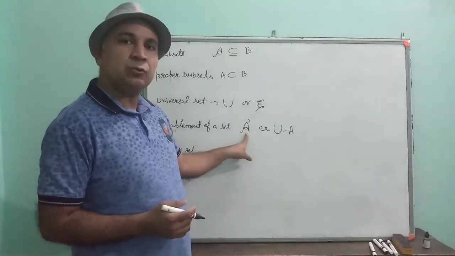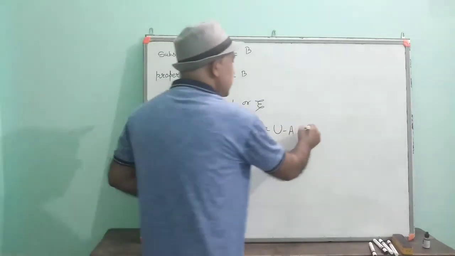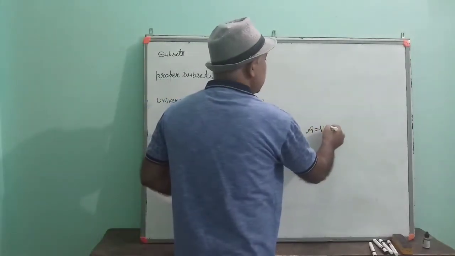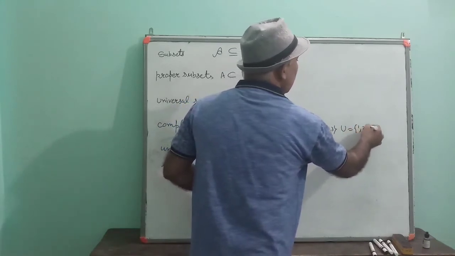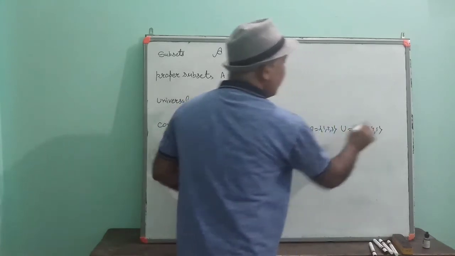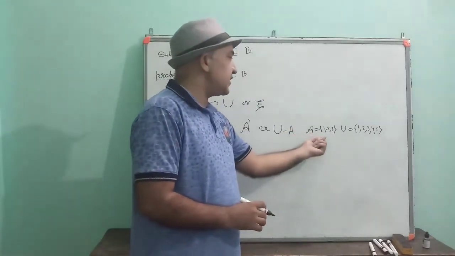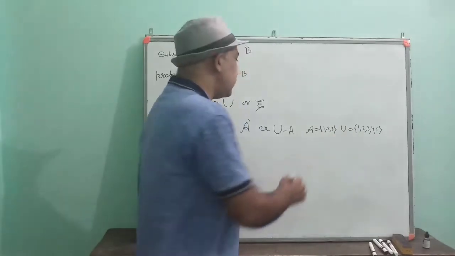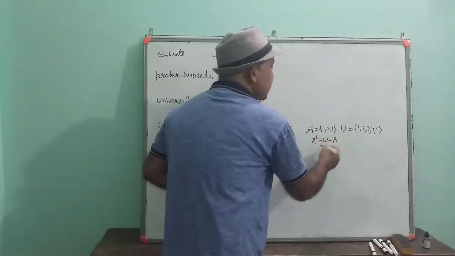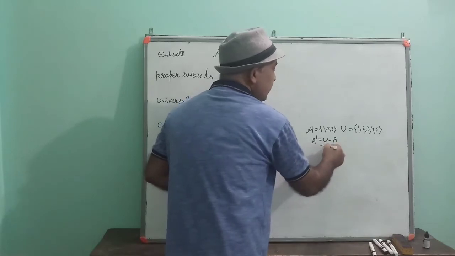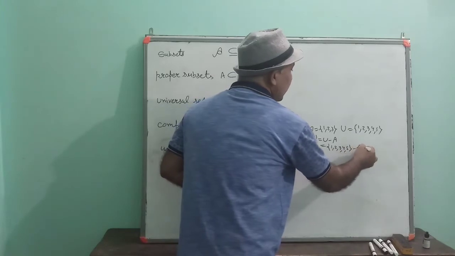Suppose set A has 1, 2, 3 and U has 1, 2, 3, 4 and 5 only. Suppose a set A is given which is a proper subset of the universal set, then A complement will be U minus A. U minus A means, see this one, 1, 2, 3, 4, 5.